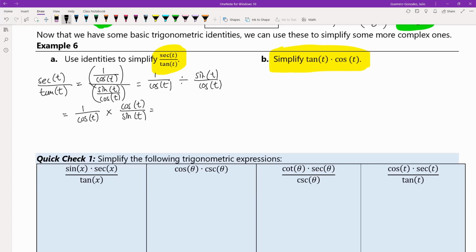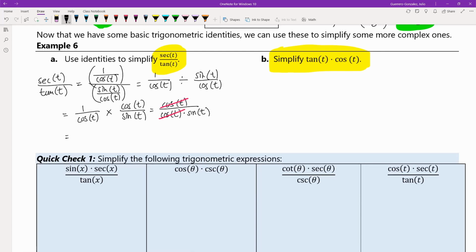Now we have a multiplication, so we can go straight across. This is going to be cosine of t all over cosine of t times sine of t. If you notice, there's one cosine of t on the top and another one on the bottom. They cancel.